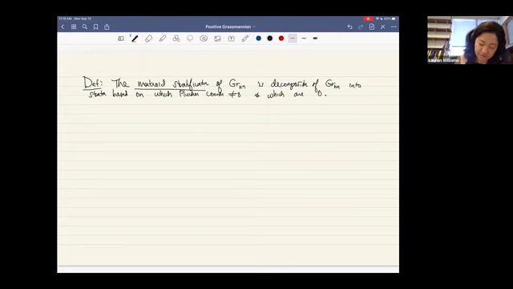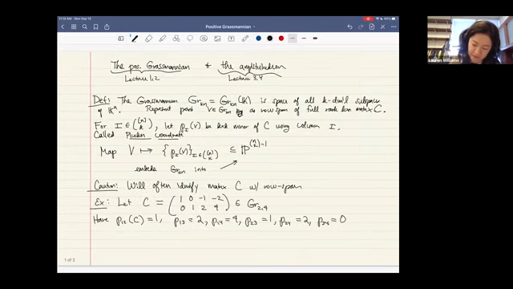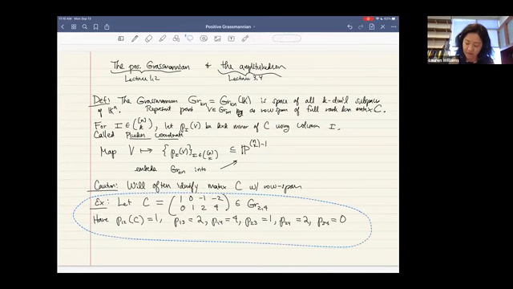For example, if we go back to this matrix C here, 5 out of 6 Plücker coordinates are non-zero, and the coordinate P_{34} is 0.